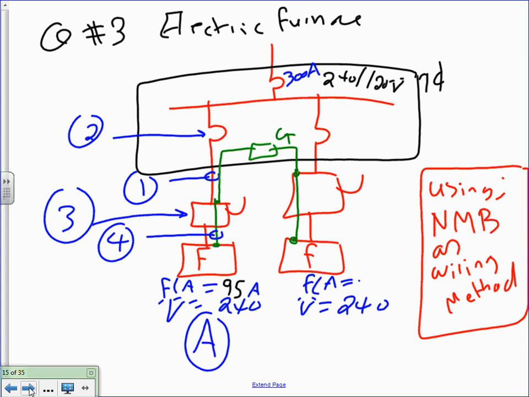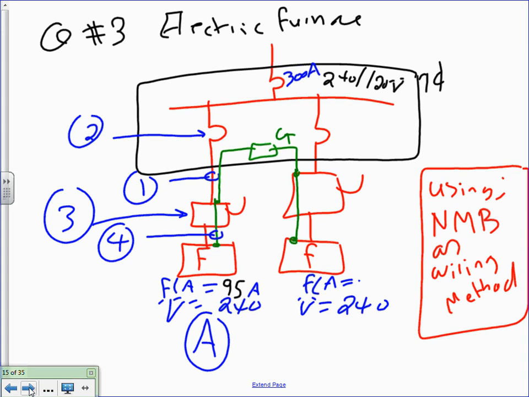So in this problem, we have a full load current of 95 amps. This is an electric furnace, a Mr. Electric furnace, and we need to size the following for it. It's a 240 volt, 95 amp full load current, single phase system.